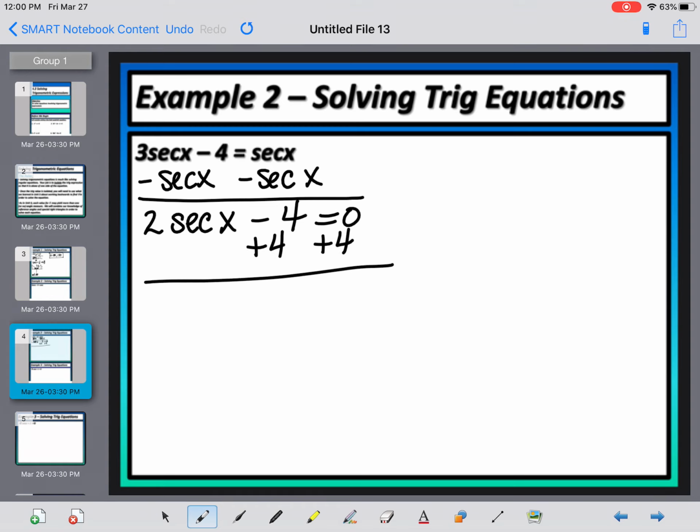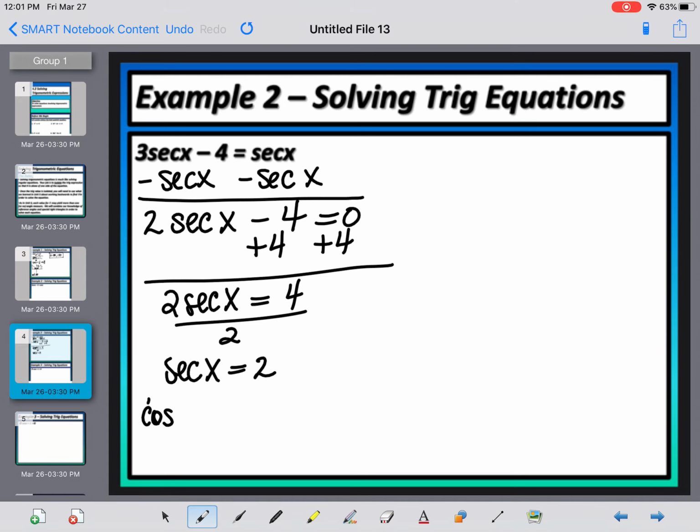Right, so then add 4 and divide by 2. Alright, so secant is the reciprocal for cosine, okay, which means that the ratio here is hypotenuse over adjacent. So I'm going to turn that into a ratio by putting it over 1.